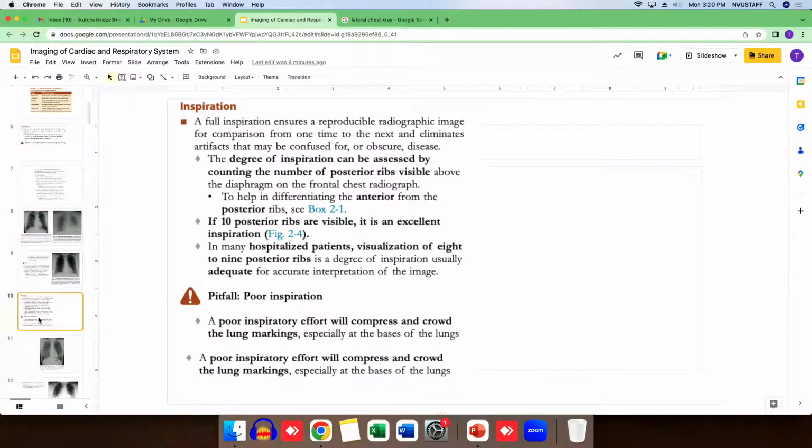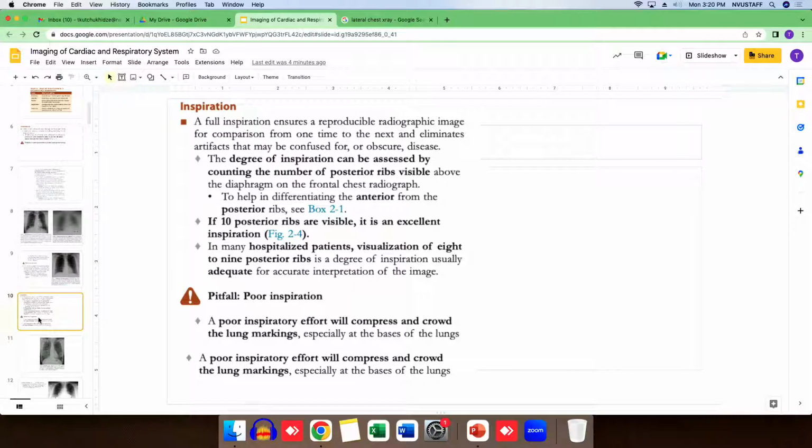And mostly we count our 10 posterior ribs, because on the anterior side we might have some kind of fibrosis or other pathologies, and it's a bit hard to differentiate. So it's better to count our posterior ribs to know that these are truly ribs, because they come from the vertebrae, right? If we want to know if the patient has excellent breathing inspiration or not, we should count around 10 posterior ribs.